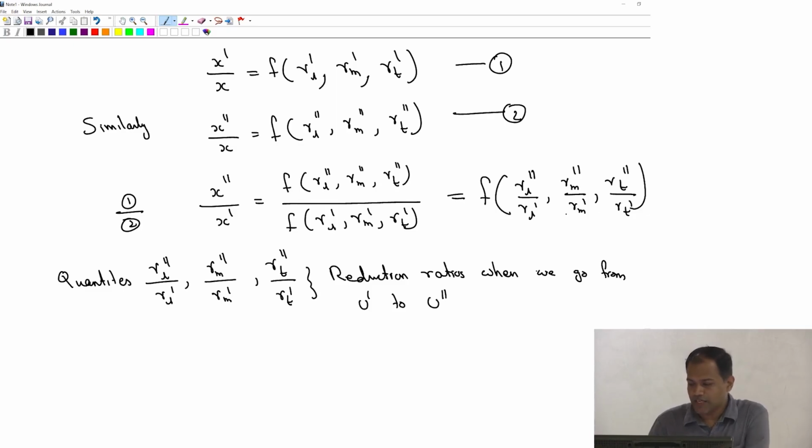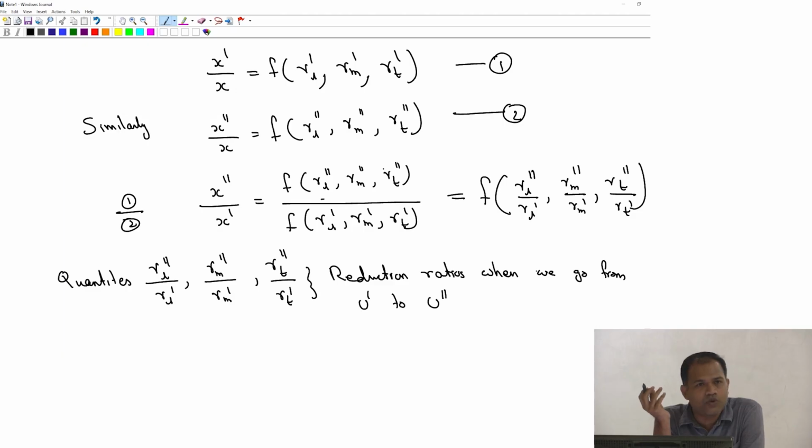If you look at the right hand side, I take the reduction ratio for length, mass and time separately and combine them. Or if you look at the expression in the middle, I calculate the quantity in 2 different units and then take the ratio, and I am going to get the same thing.